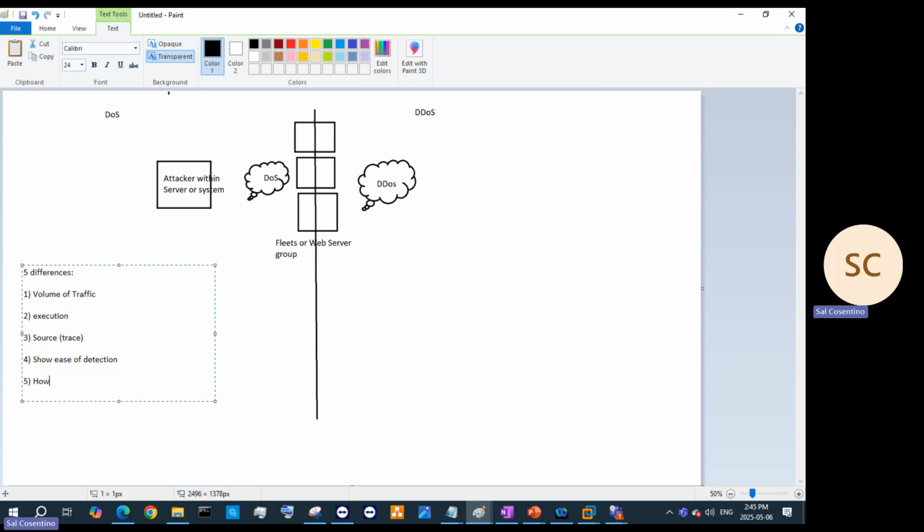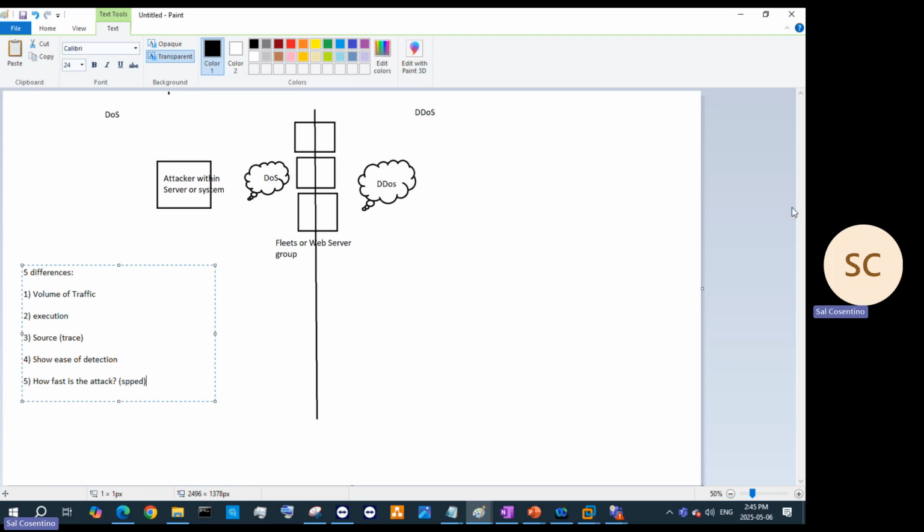Like how fast is the attack, right? We could say speed. What's its speed factor, right? Compared to your distributed denial of service, right? So these are the specific volumes.